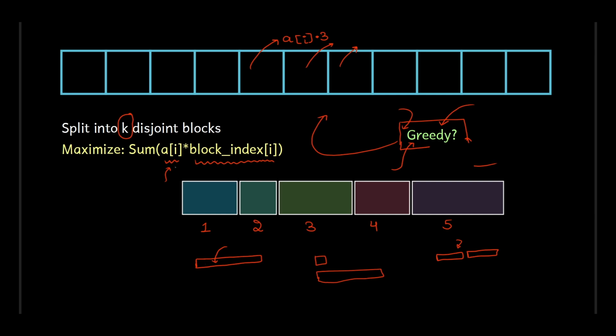So first of all, let us simplify the sum. The sum says that for each element i, you have to compute this number and then you have to sum it up.